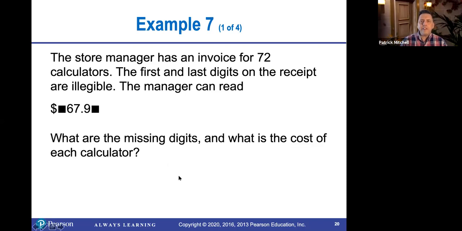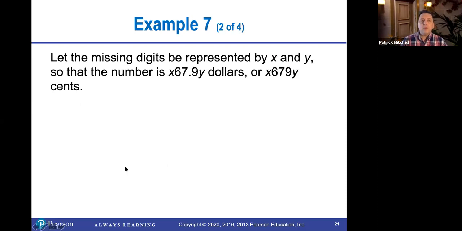What are the missing digits and what is the cost of each calculator? So let's represent the missing digits by X and Y so that the number is X 67 and 90 Y dollars, right? Which is this number of cents, X679Y.